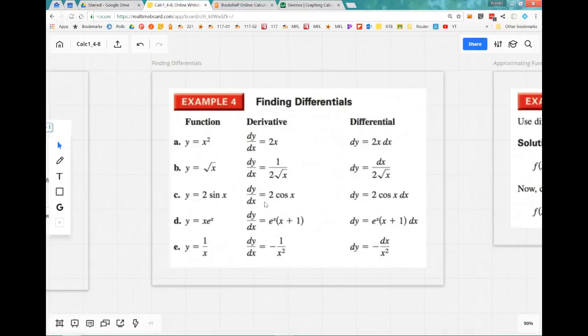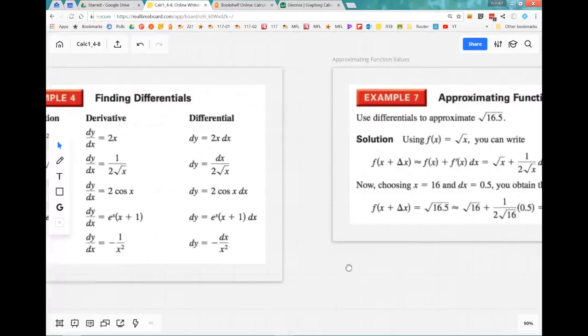So really, to go from the derivative to the differential, that's easy. You just multiply both sides by dx. Here, 2 sine. Derivative, 2 cosine. Multiply both sides by dx. dy equals 2 cosine x dx. So this is not a big deal. Right? I mean, everybody can multiply both sides by dx. Okay.